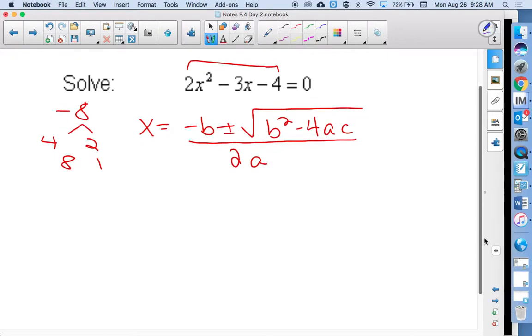So when you're plugging the numbers in, the a is 2, the b is 3, the c is negative 4.